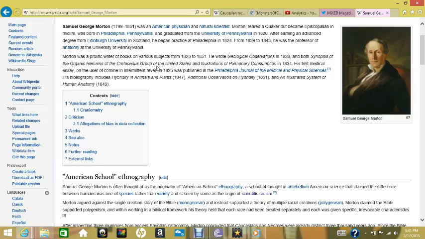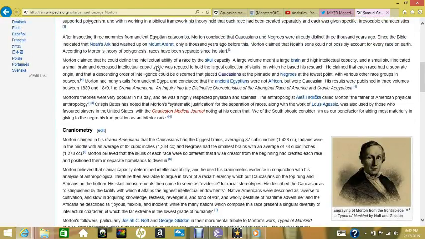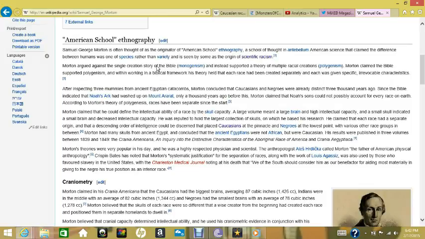He was born in Philadelphia, Pennsylvania, and graduated from the University of Pennsylvania in 1820 after earning a medical degree from Edinburgh University in Scotland. He began to practice in Philadelphia in 1824. From 1839 to 1843 he was a professor of anatomy at the University of Pennsylvania. He's the one who came up with these certain racial features of the word Negroid.